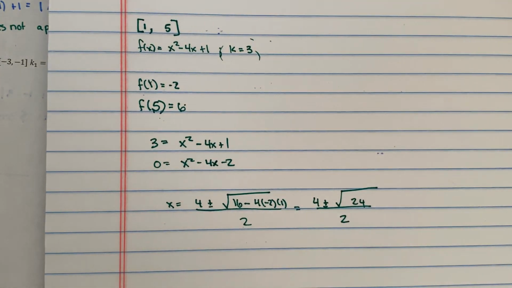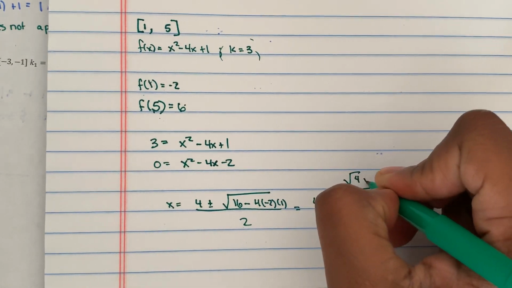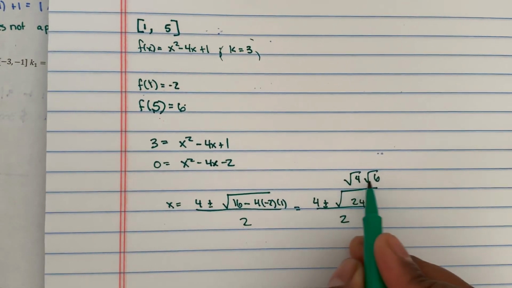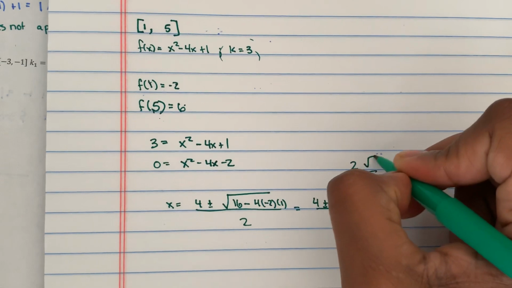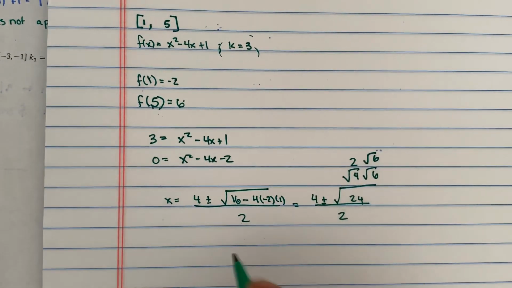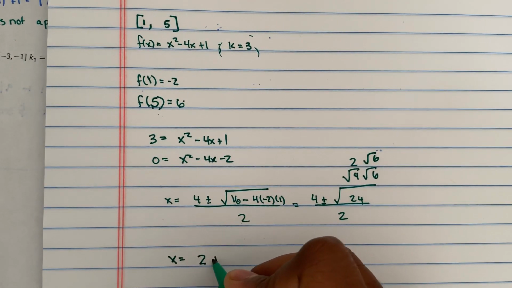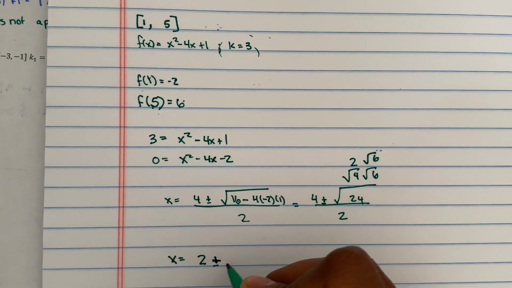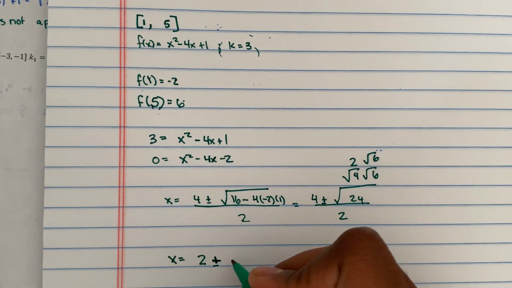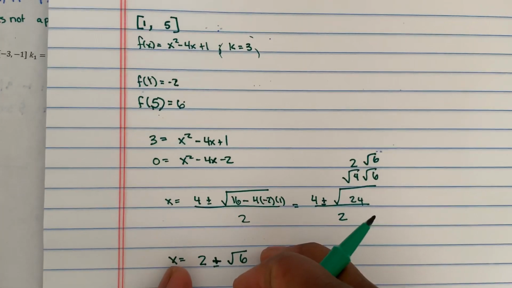So the square root of 24 is the square root of 4 times the square root of 6. So that's 2 square root 6. And 2 divides into both of those, so we get x equals 2 plus or minus just the square root of 6. So 2 plus the square root of 6 is like 2 plus 2 point something, which is 4.